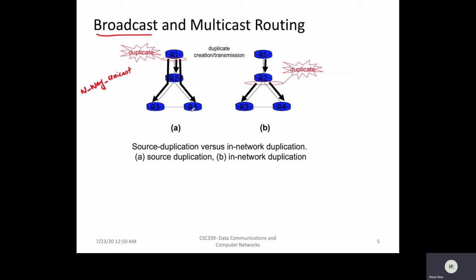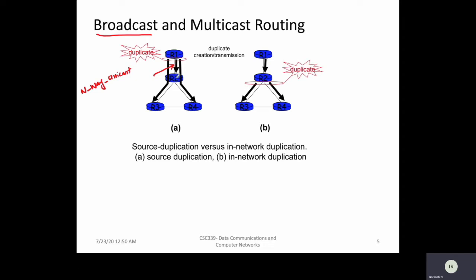But it has several drawbacks. The first drawback is its inefficiency. What if the source node is connected to the rest of the world via a single link? In this example, R1 has to send n number of copies using this single link. So this means n separate copies of the same packet will traverse this single link.